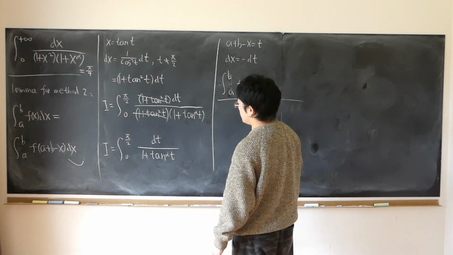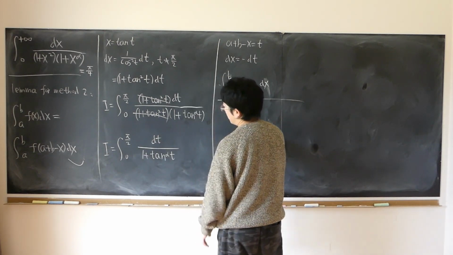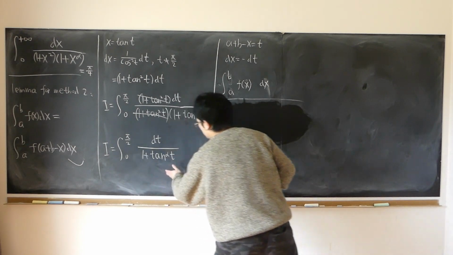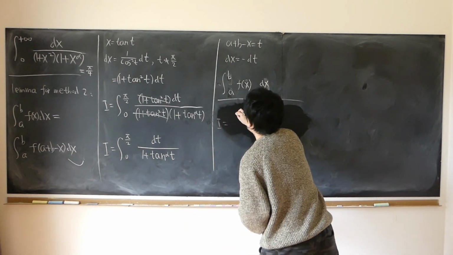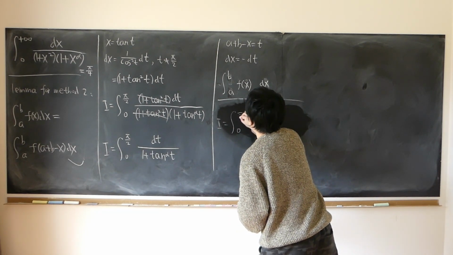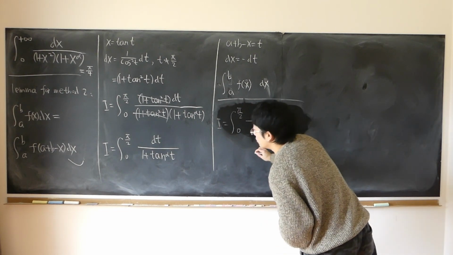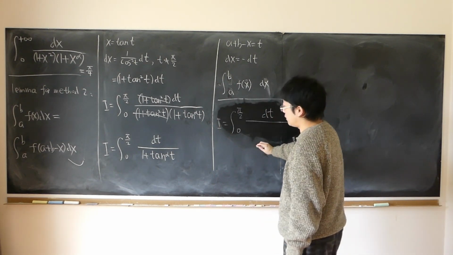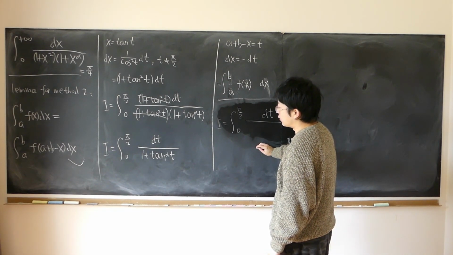So now we can look at our desired integral. We let t become half pi minus t, again from 0 to half pi, dt over 1 plus tangent of half pi minus t to the power alpha. Tangent of half pi minus t is cotangent t, which is 1 over tangent t.